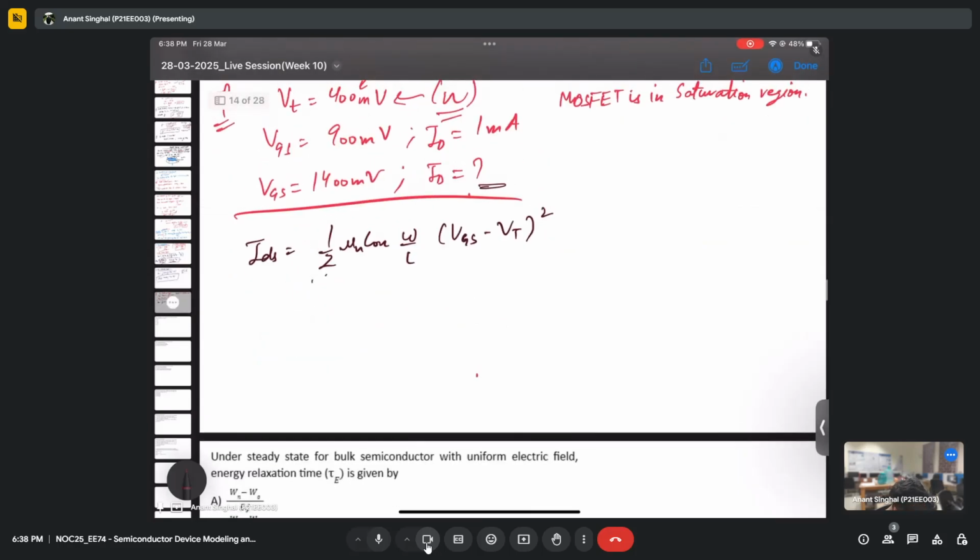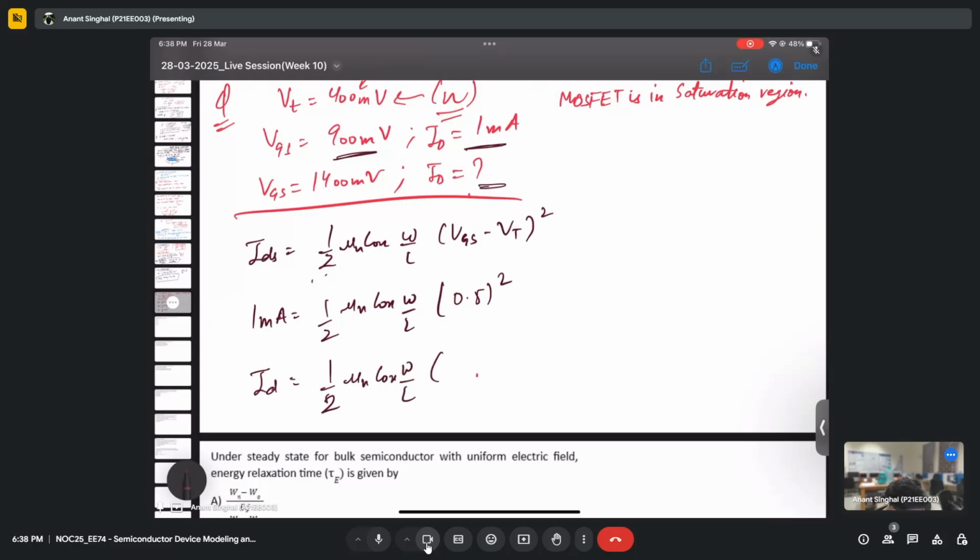So what we have is that at VGS 900 millivolts, we have an ID of 1 milliamp. So 1 milliamp of ID is mu n C ox W by L times (VGS minus VT) whole square. VGS is 900 and VT is 400, so it is 0.5 whole square. Similarly, we need to find the ID when VGS is 1.4 volts minus VT, which is 400, so it is 1 only.